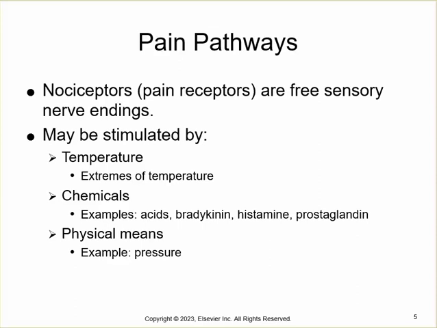It could be extremes of temperature. This is not through the cold and heat receptors, but through the pain receptors. And usually the extremes of temperature have to cause tissue damage in order for it to become painful.